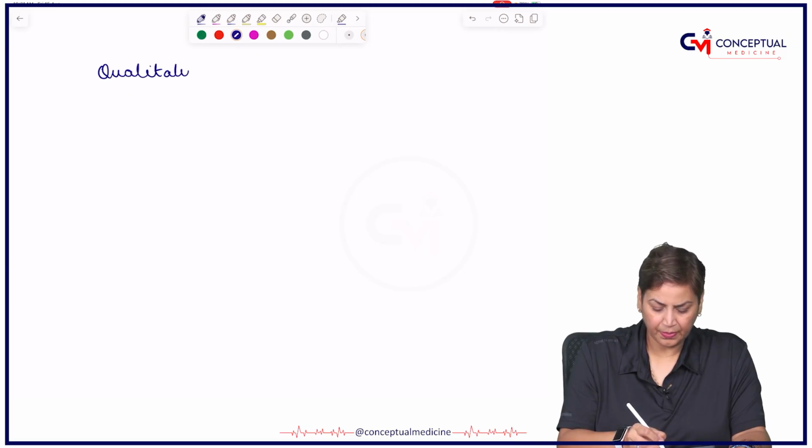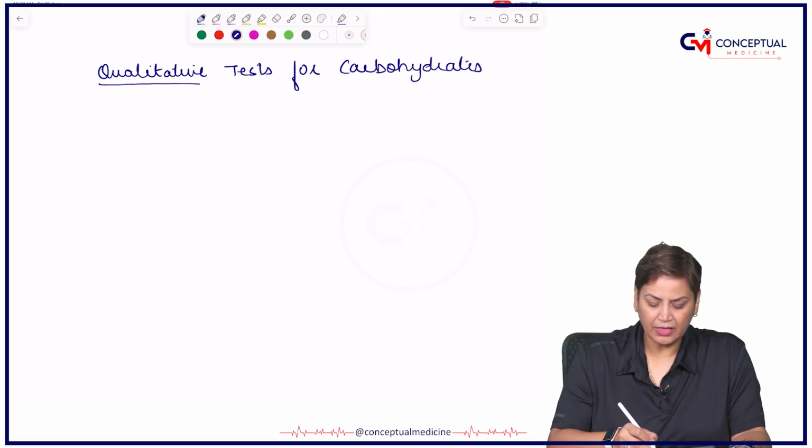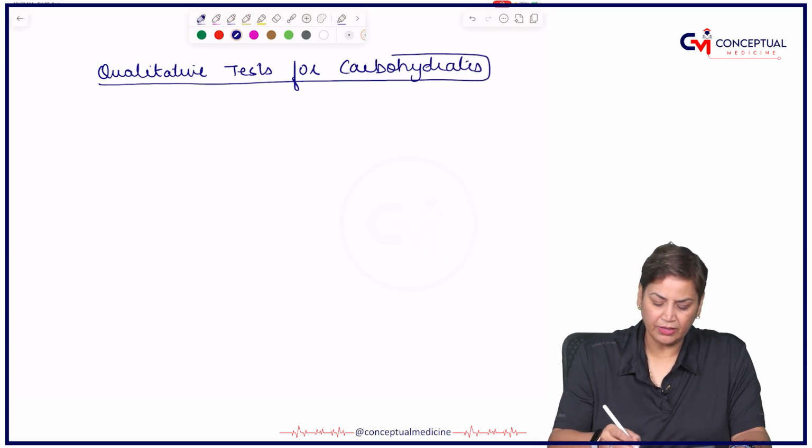Qualitative tests for carbohydrates. Now we all know how we define carbohydrates.